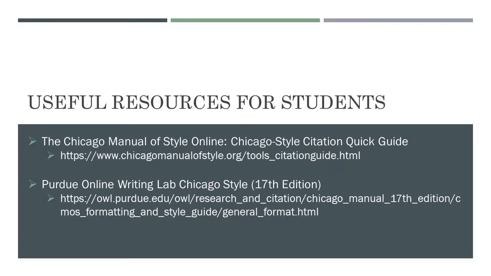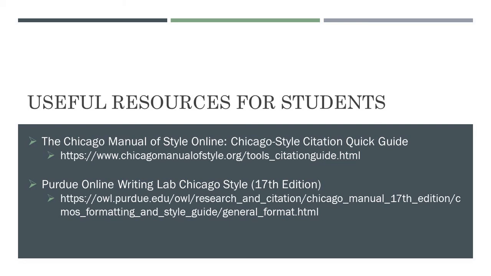It is highly recommended to look through these examples, and in the case that the sources you are using in your paper are not included in these examples, there are a few additional resources that you can access for further information.